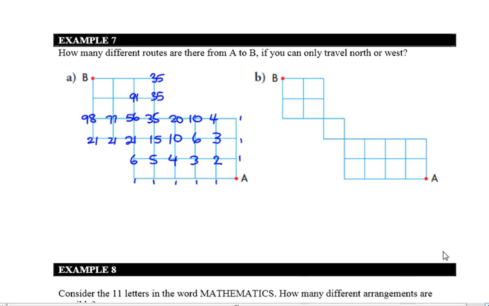Gives us 126. And then 91 and 77. This is where your calculator is helpful. 168. 98 plus 168, 266. And then 168 and 126, 294. And so our final answer would be 294 and 266. So 560 different ways we can get there.